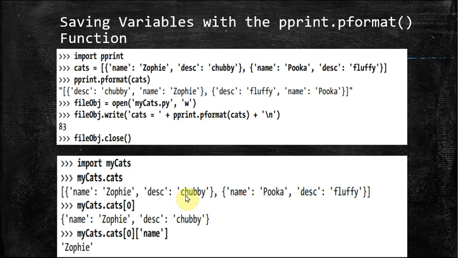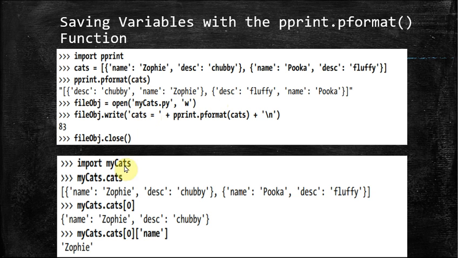Along with that, we also said we can use this particular file as a module. So that is what is done in the next case. So just see here, the name of the file we had given is mycats.py. In mycats.py, whatever data is written by this pprint.pformat is written into this file.